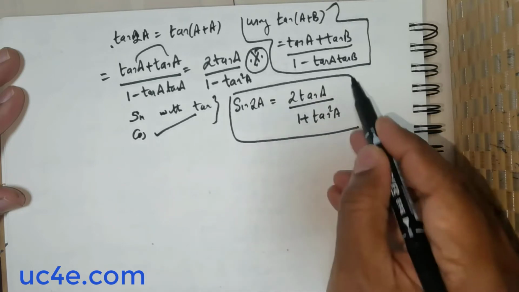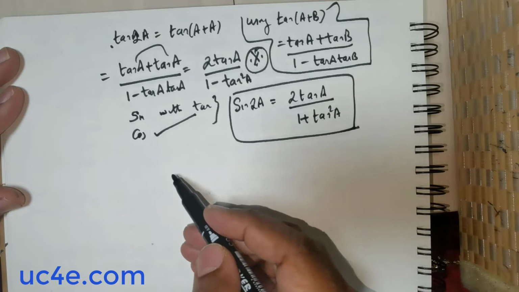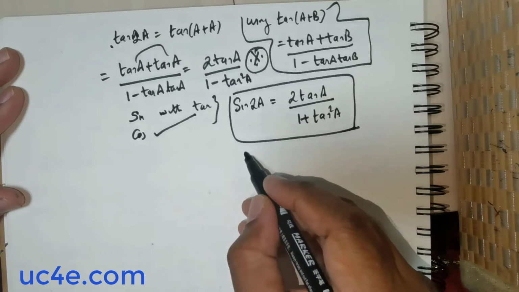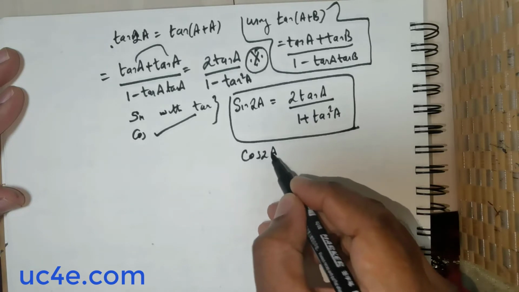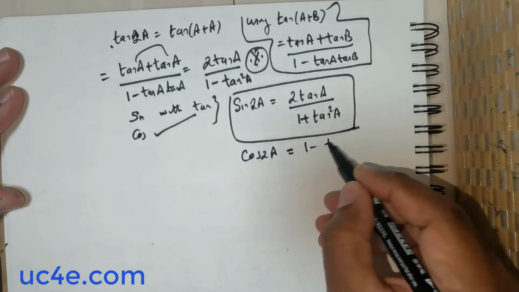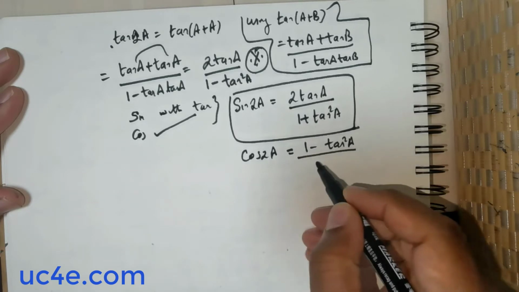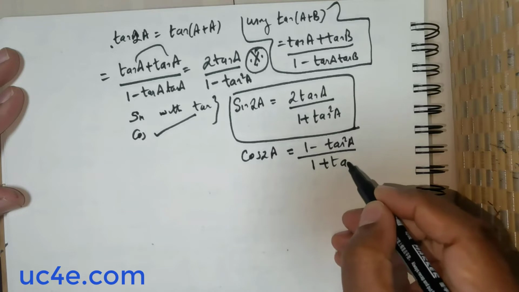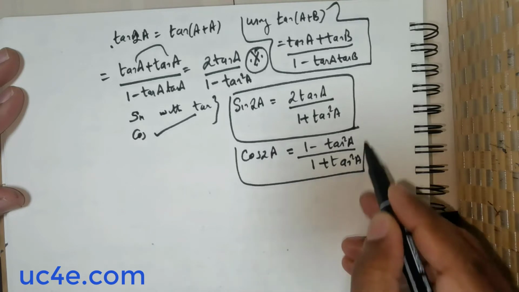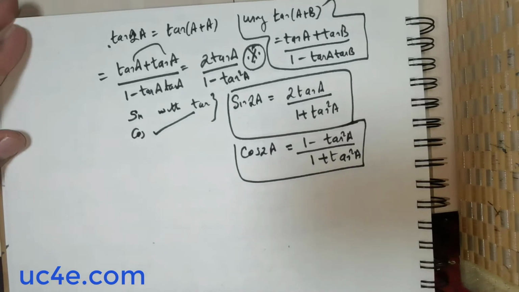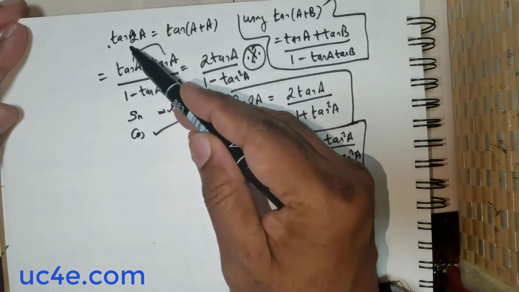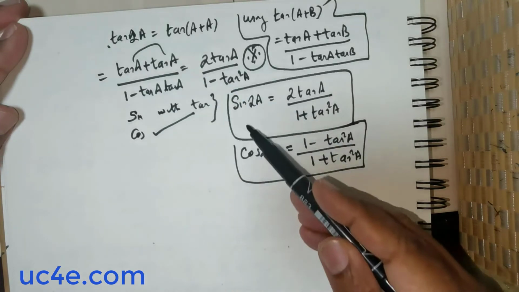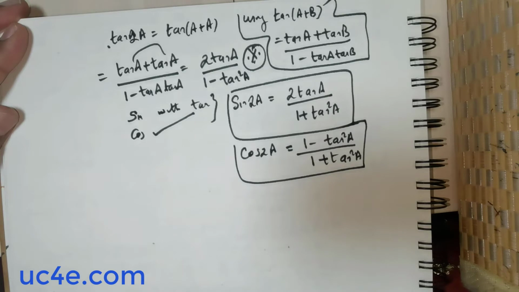This is one formula, and the other one is cos 2a is equal to 1 negative tan squared a divided by 1 positive tan squared a. So this is the second one. So have that in mind.